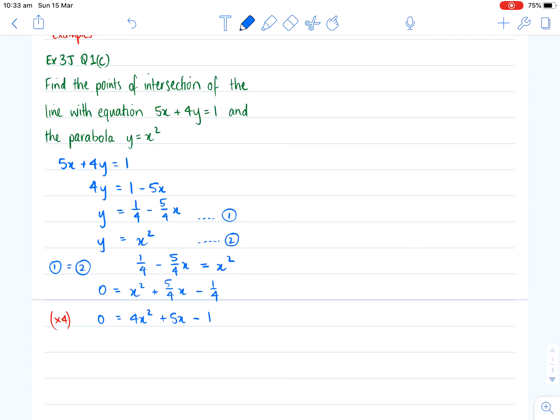Okay, so I have to choose a method to solve this. I could factorize, I could solve using the quadratic formula, or I could complete the square. Just by inspection, if I start by trying to create two brackets with a 4x and a 1x, I would then have to have multiples of the minus 1 in the second bracket, and I can pretty quickly see that I'm not likely to get a value of 5x for the middle term here.